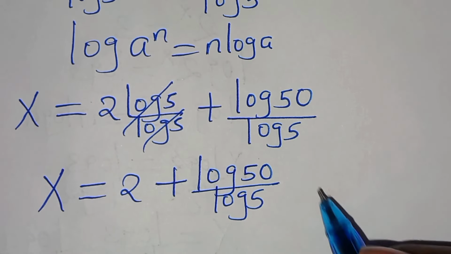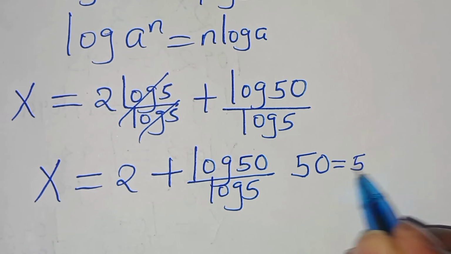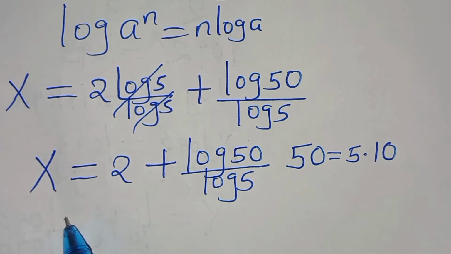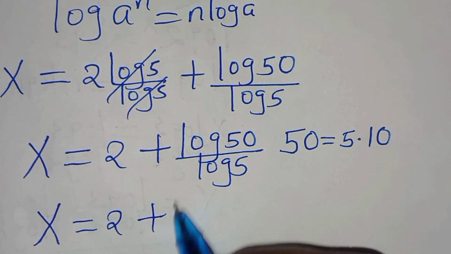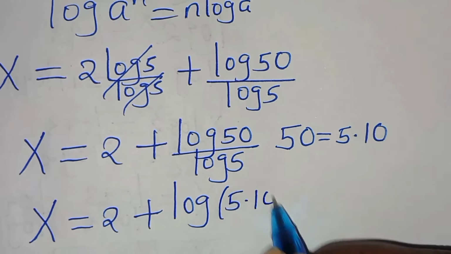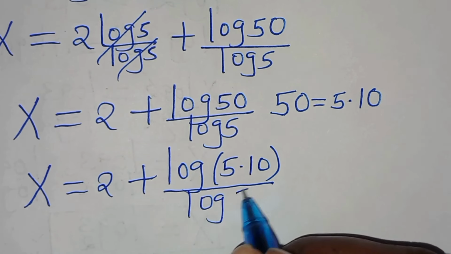The next step from here, let's express 50 as 5 multiplied by 10. Let's substitute this so that we have x equal to 2 plus log of 5 times 10 divided by log 5.